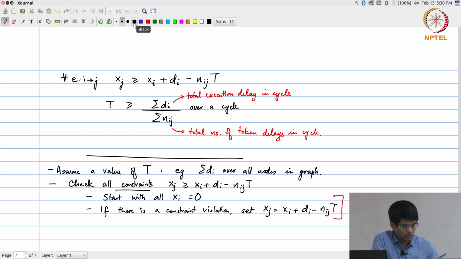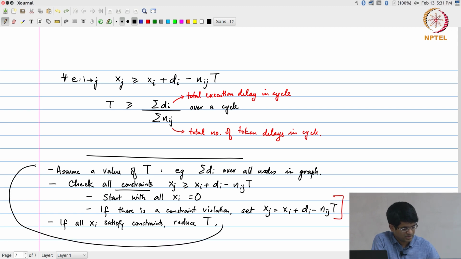Okay. Now, if this works, I can try and reduce the value of t, and try again.